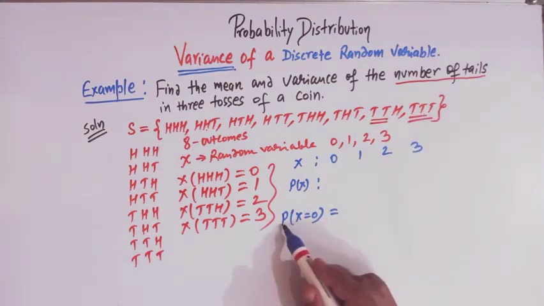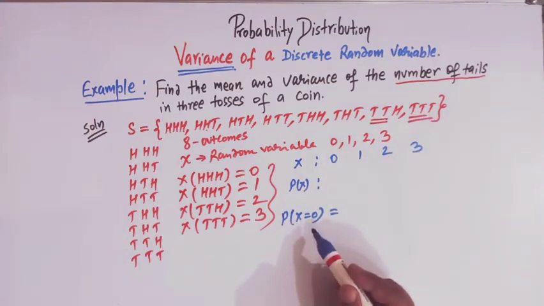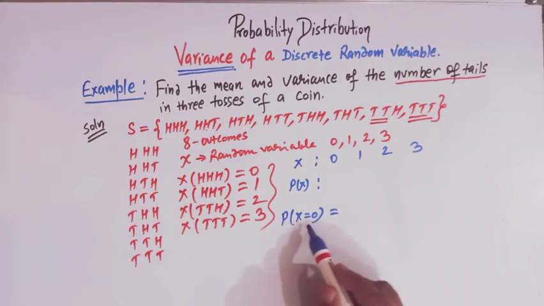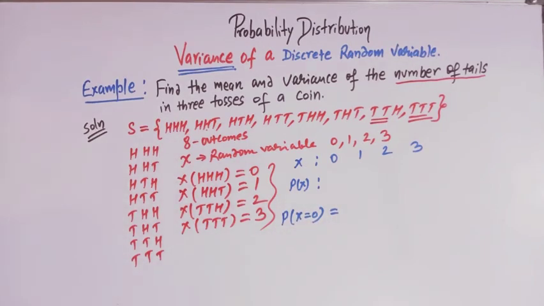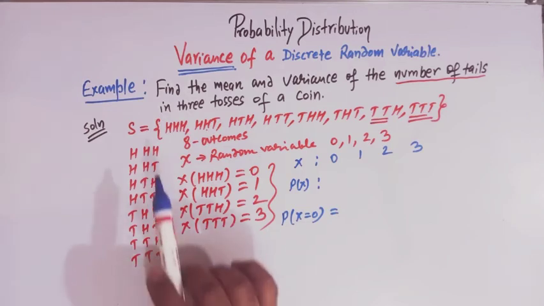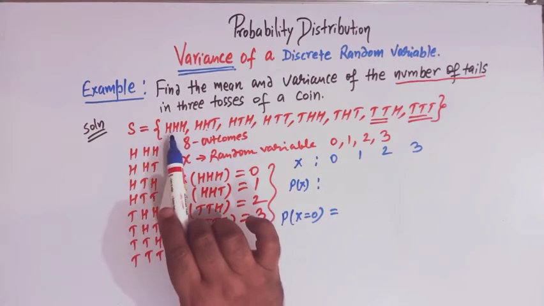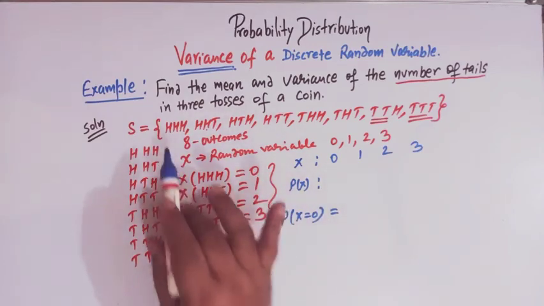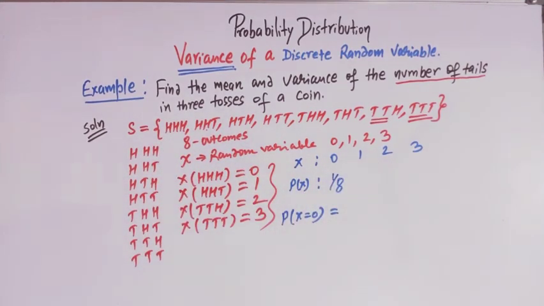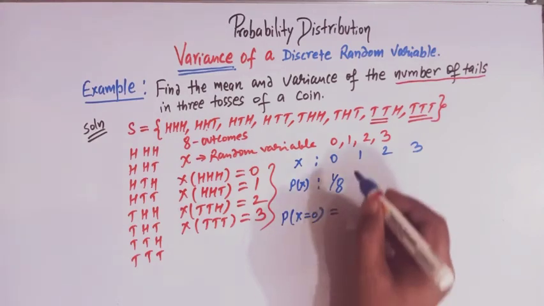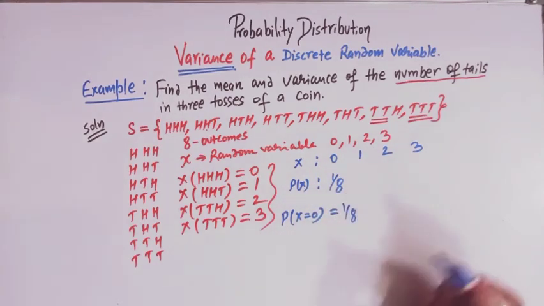So p of x equal to 0 implies the probability of getting no tail, right? So no tail occurs in this event, so the probability is 1 by 8, right? Okay, so this is 1 by 8.